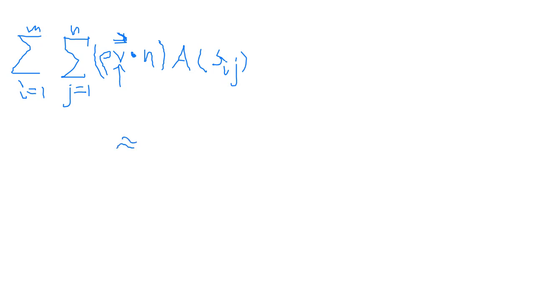As m goes to infinity and as n goes to infinity, what's this double Riemann sum going to become?